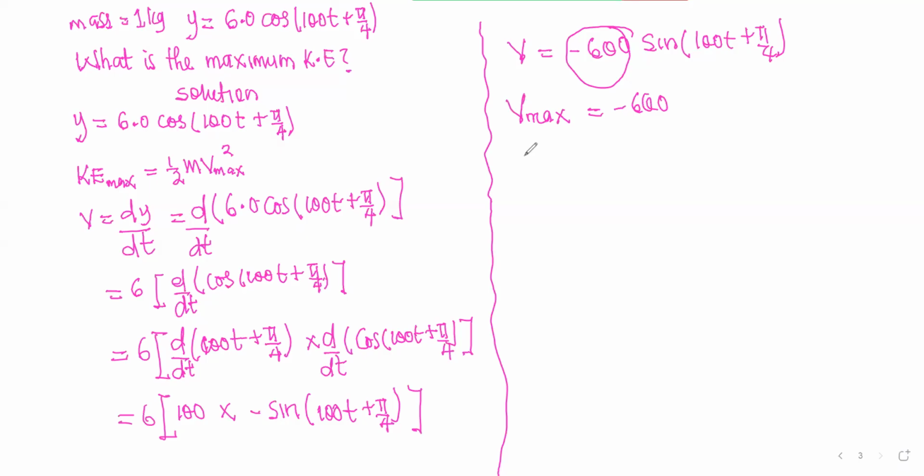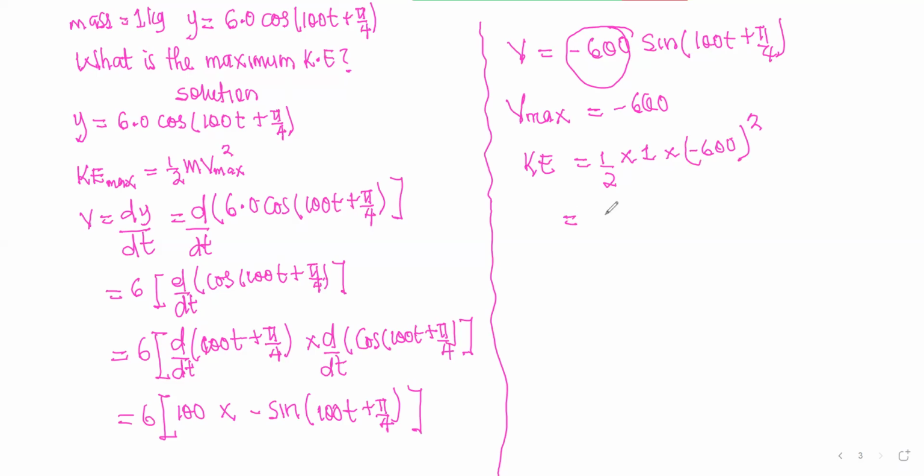Therefore, the maximum kinetic energy would be equal to half times the mass, which is 1, times negative 600 all squared.